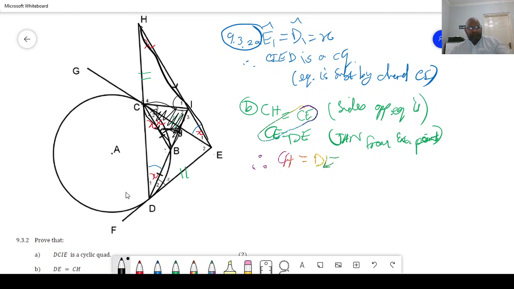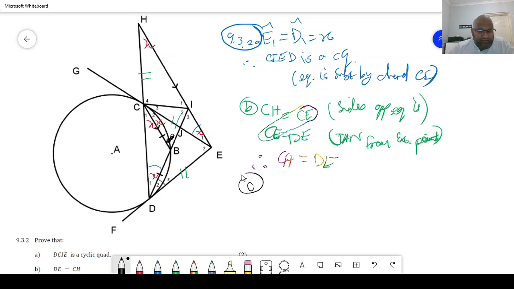We prove the reverse of the tan theorem, and that's what we call the converse. Remember, we want to prove this angle and that angle are equal. But of course you won't go straight into it.